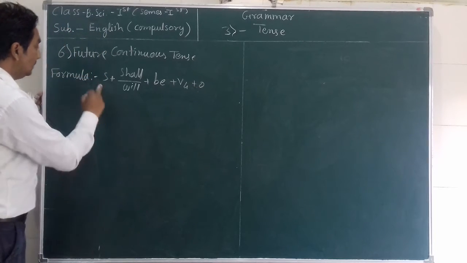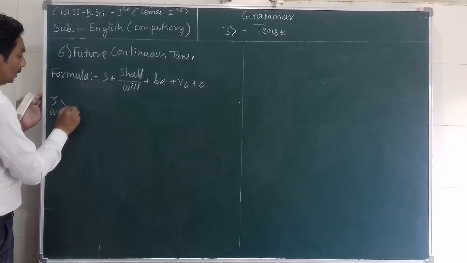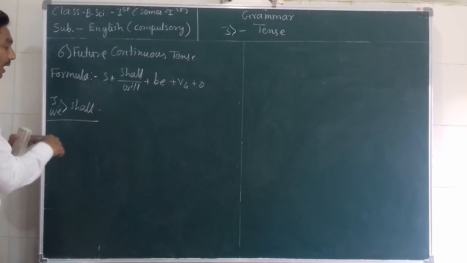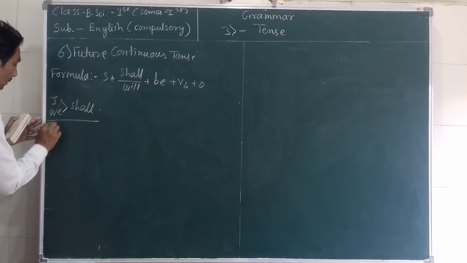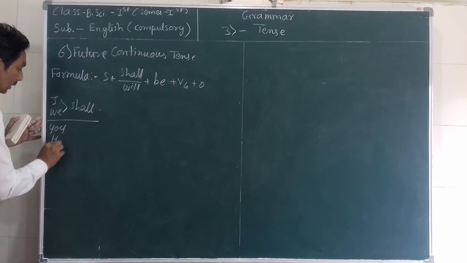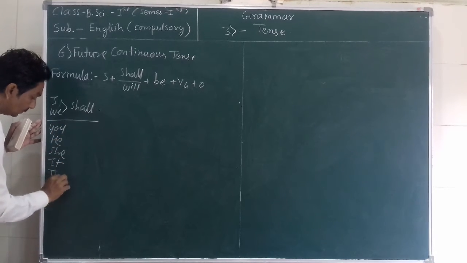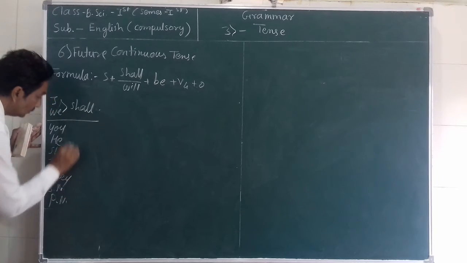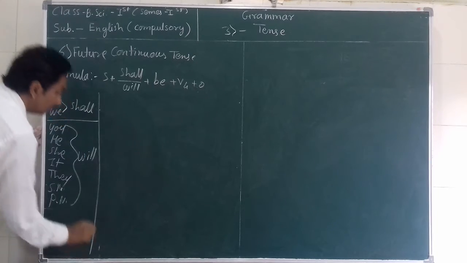So in this sentence, if the subject is I or we, always use shall in front of it, and if it is any other subject, for example you, he, she, it, they, a singular noun or a plural noun, always use will in front of it.